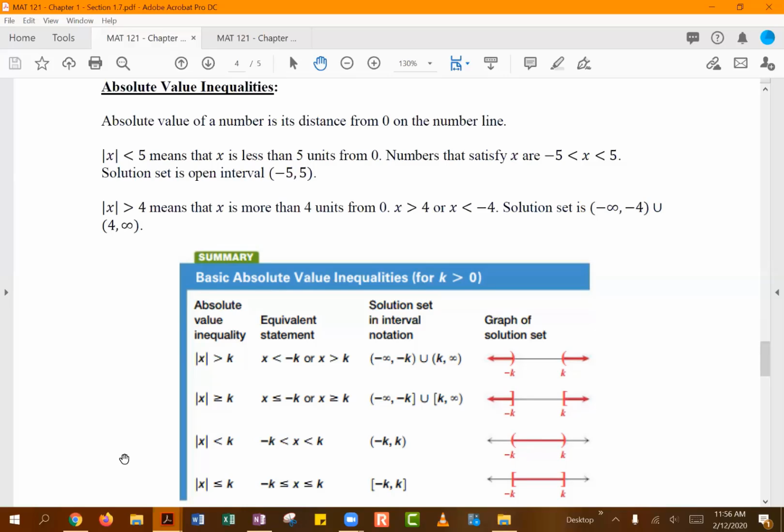So that's why we're saying that it's going to be between positive 5 and -5. Think about it. If you have a distance of a number which is going to be less than 5, that means it has to be somewhere within that range of values. So that's what that first inequality is talking about.